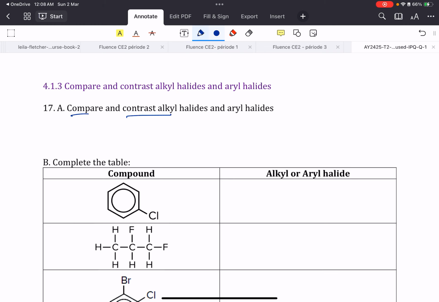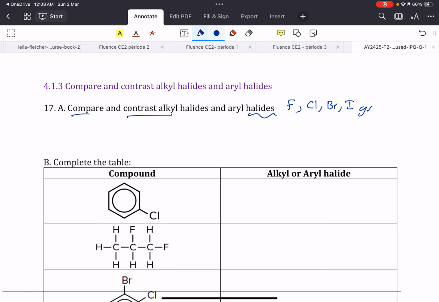Compare and contrast between alkyl halide and aryl halide. First of all, to be a halide, it must contain at least one halogen atom in the formula, bonded to the carbon. A halogen could be an atom of fluorine, chlorine, bromine or iodine.